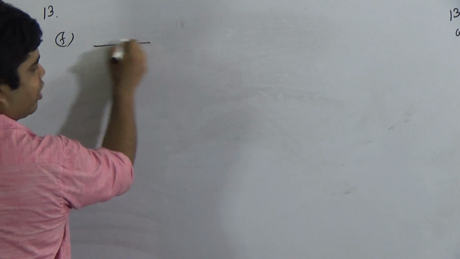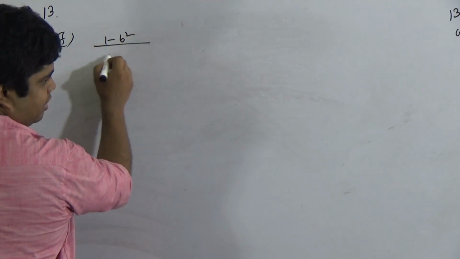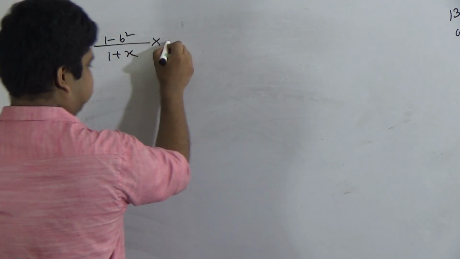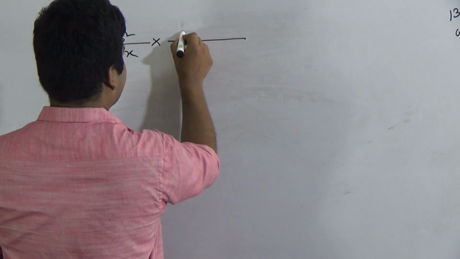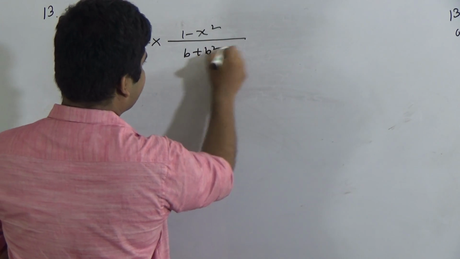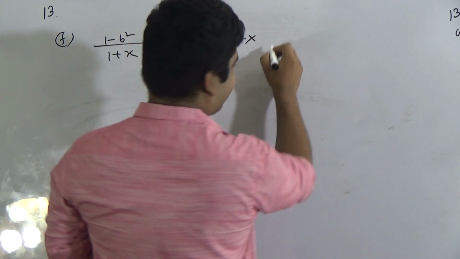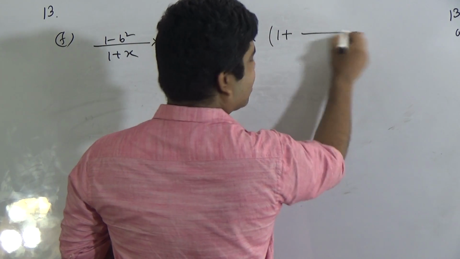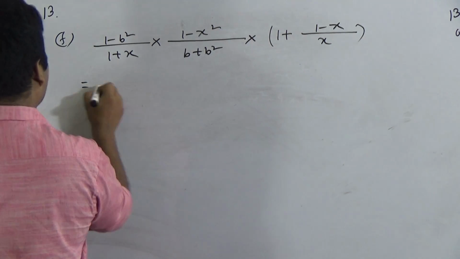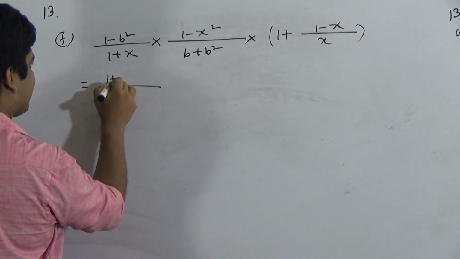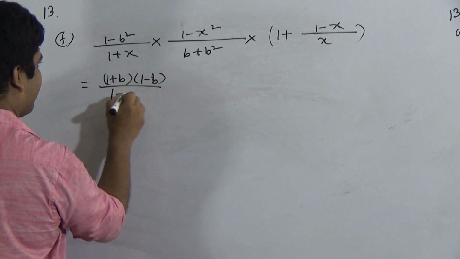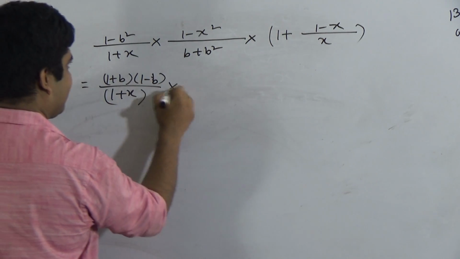So here 1 minus b square divided by 1 plus x, multiply by 1 minus x square divided by b plus b square, multiply by 1 plus 1 minus x divided by x. So we can write it as 1 plus b into 1 minus b. Okay, here 1 plus x multiply.